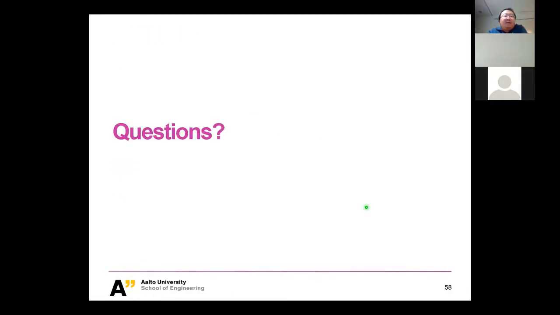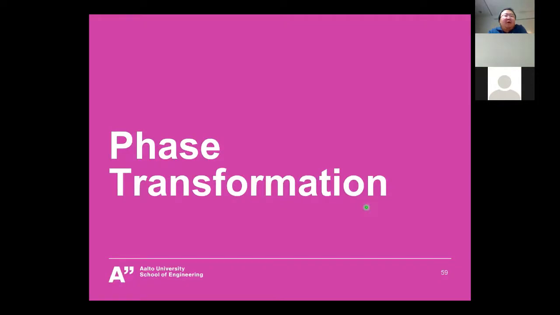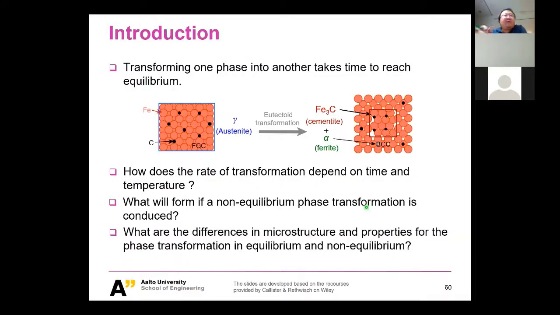That's not the case. So that's why we're going to move on with phase transformation, because phase transformation is a feature where you have not only chemical composition change according to temperature, but you are also changing with time.